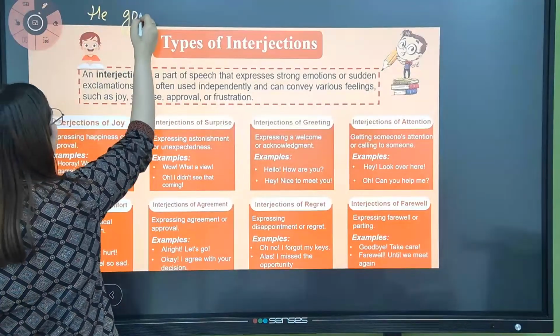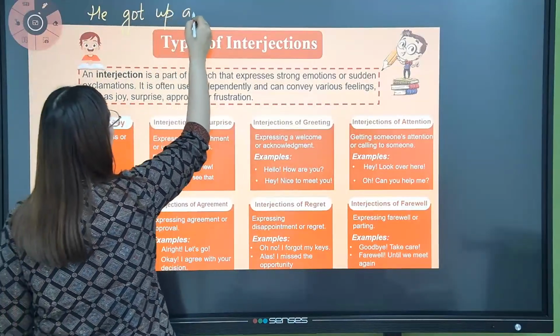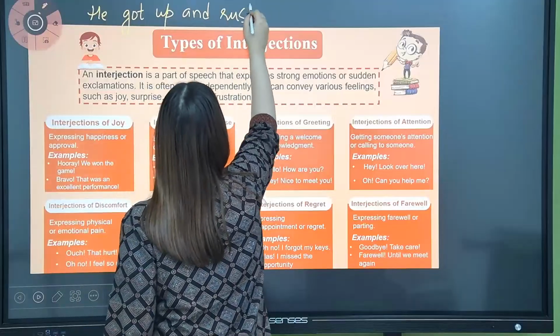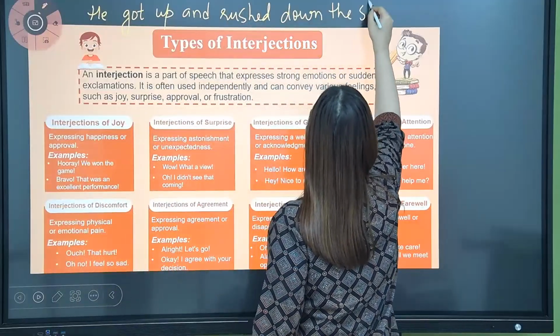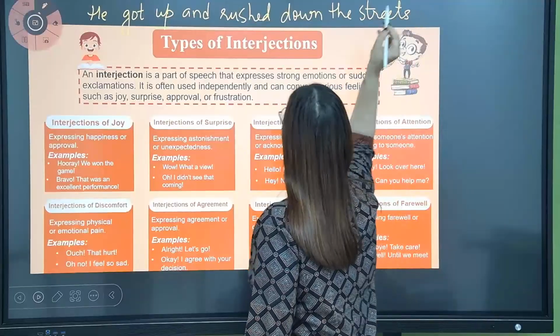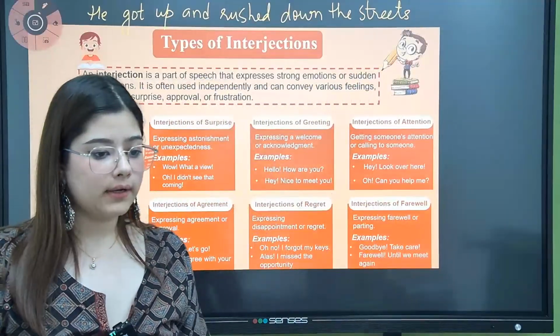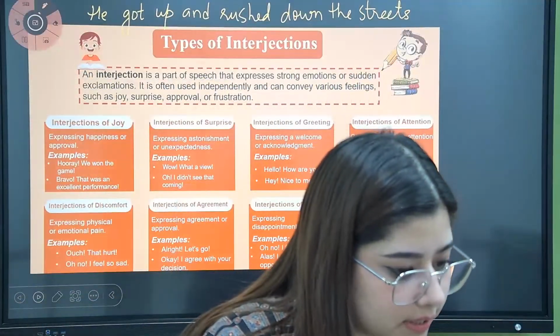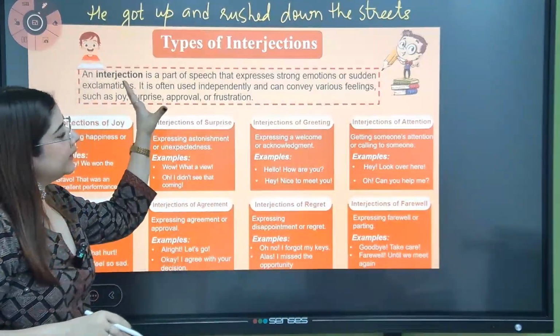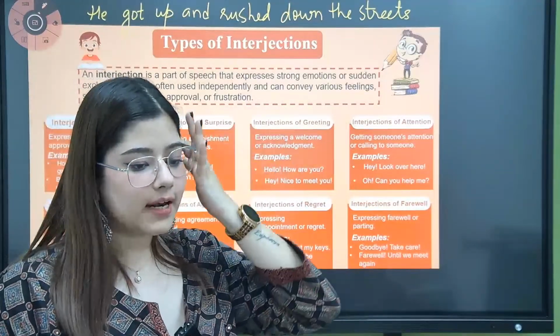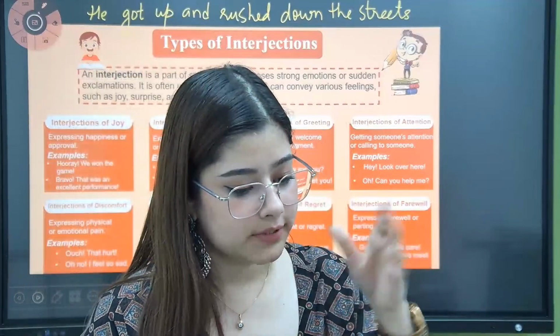He got up and rushed down the streets. I hope the sentence is visible. Could someone tell me how many prepositions are there in the sentence?